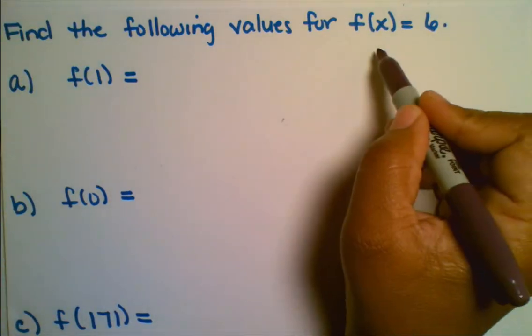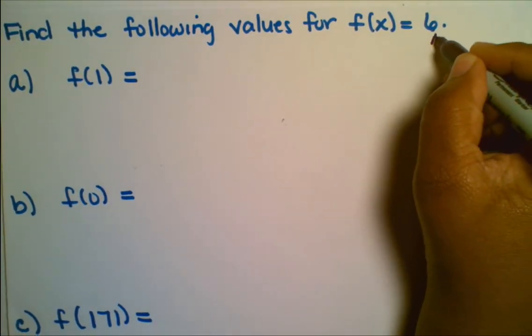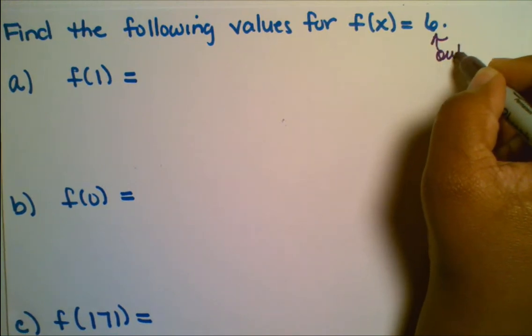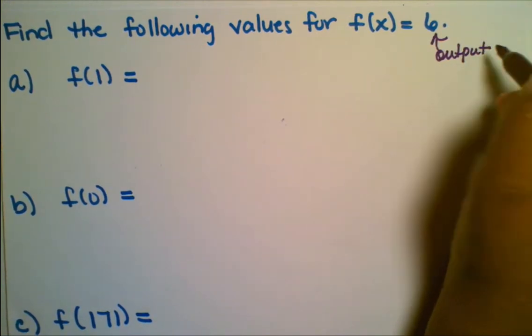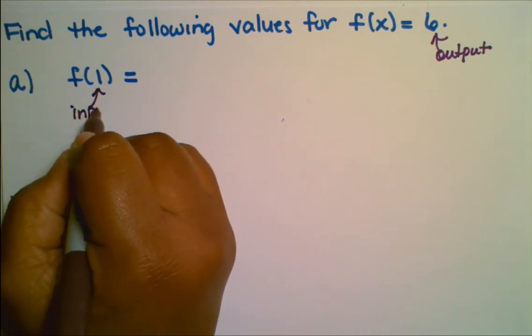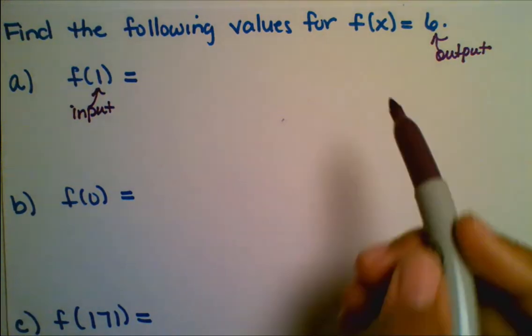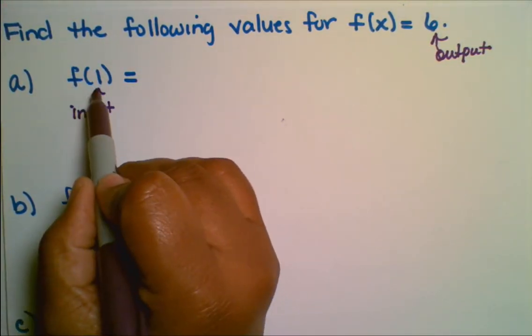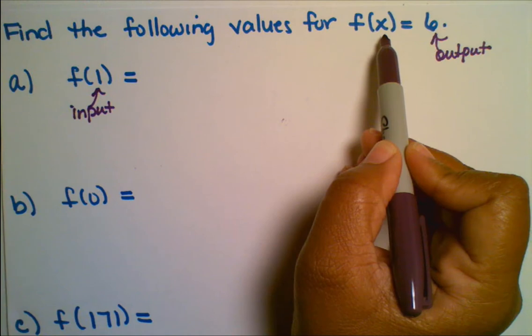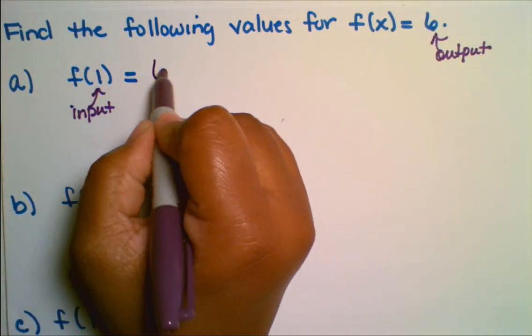You have here f of x is equal to 6. So they're giving you an output value of 6. Here you're given the input. So if we substitute negative 1 in for x, our output for this question will only be 6.